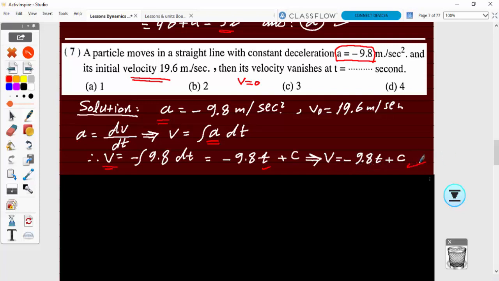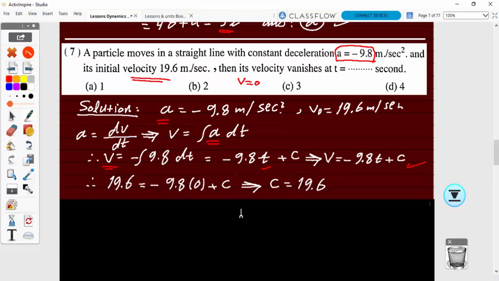Now we want to calculate the value of this constant from the primary conditions. When t equals 0, the velocity was v naught equals 19.6.